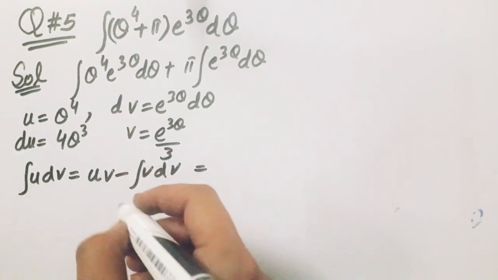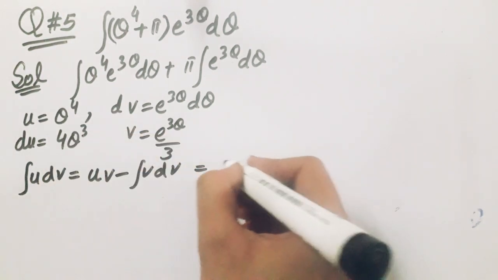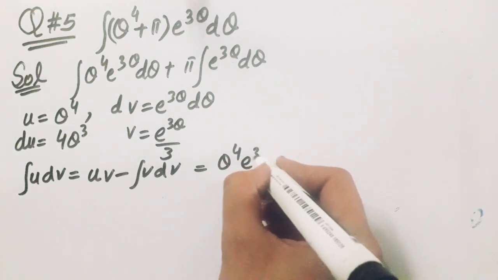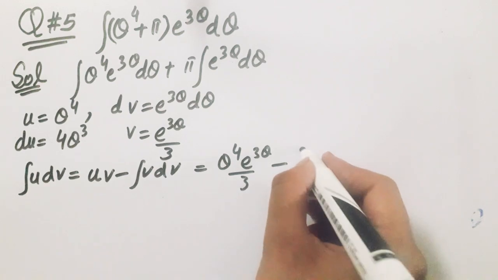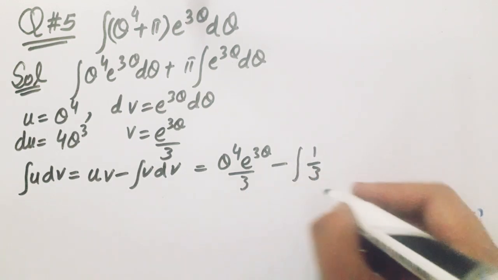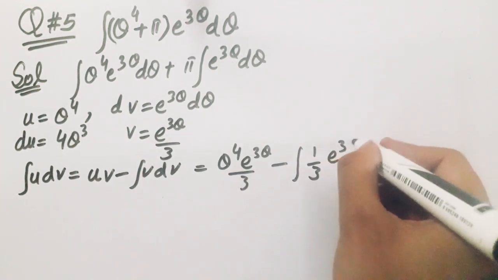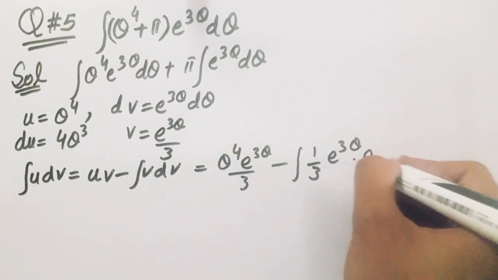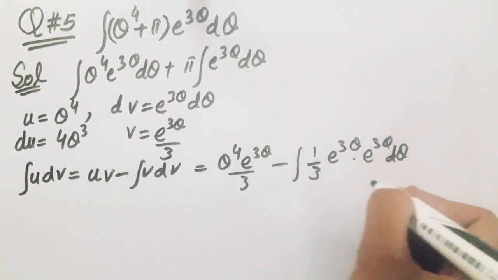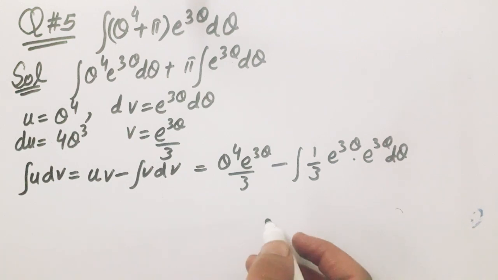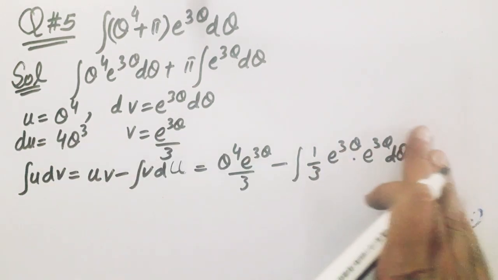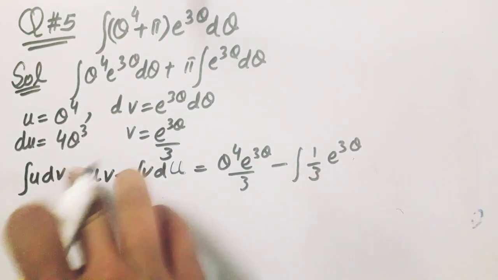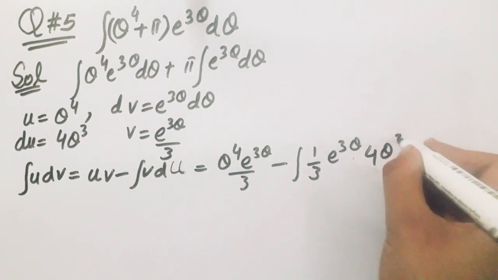So you will get u multiplied by v, meaning θ⁴ e^(3θ)/3, minus 1/3 ∫ v du, where v is e^(3θ) and du is 4θ³ dθ. So here you use du, so the value of du will be applied here, that is 4θ³.